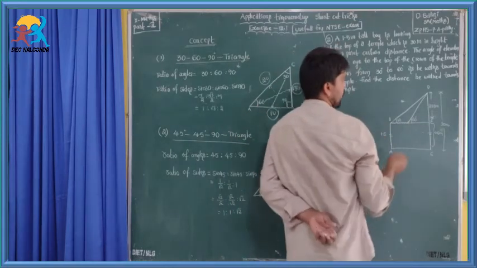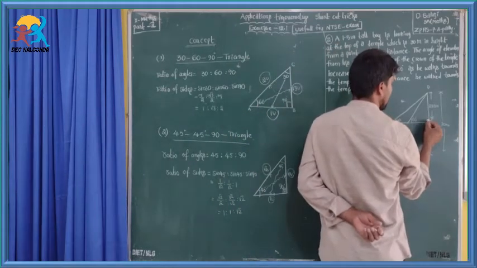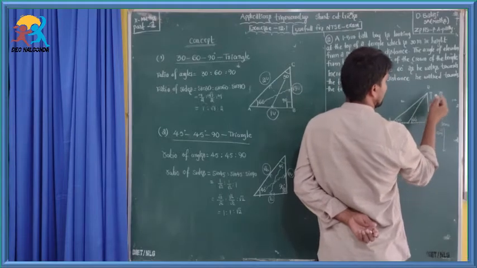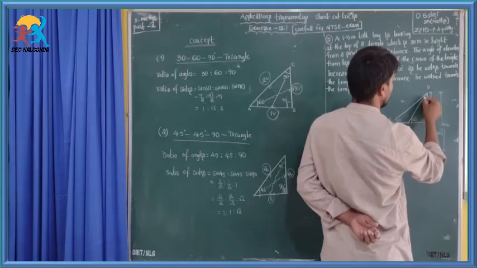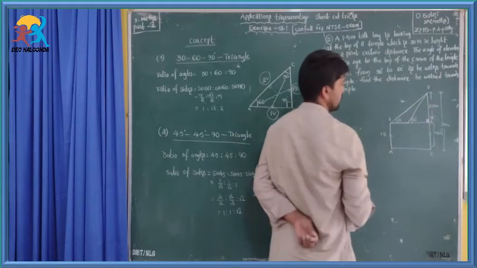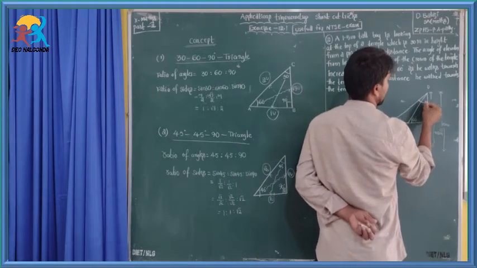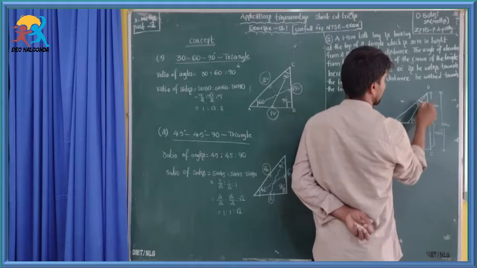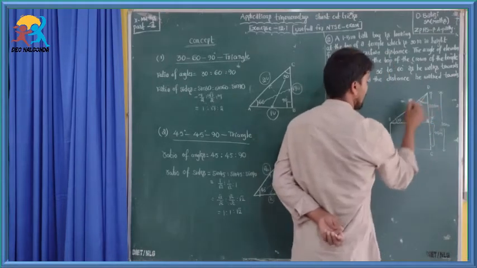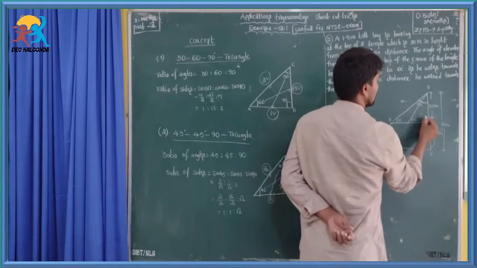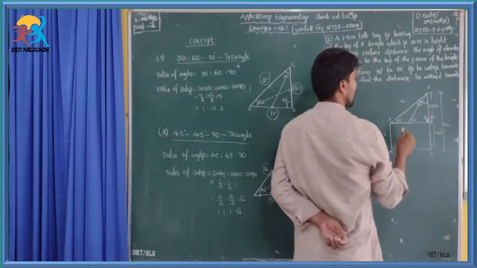Now see, this is 90 degrees, and this angle is 60 degrees. See, in triangle DBE, this is 90, 60, 30.